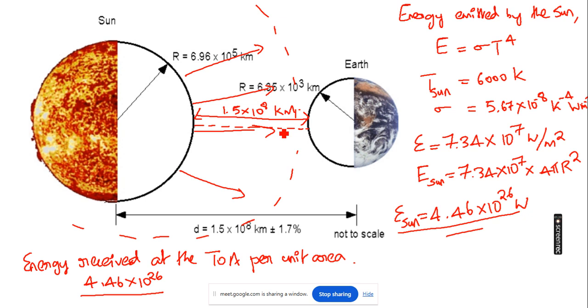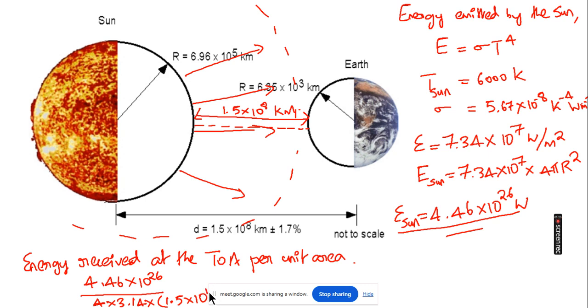Yeah. So divided by 4 pi d square. So 4.46 into 10 raised to 26 divided by 4 into 3.14 into distance, which is 1.5 into 10 raised to 8. Again, it is in kilometer. So 8 plus 3, 11.